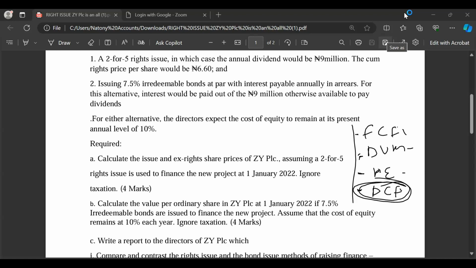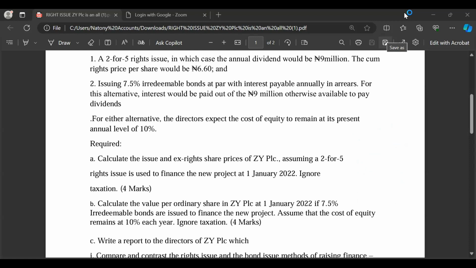So basically, it is the dividend valuation model. And how do you value a company using the dividend valuation model? The market value of equity will be D naught over KE if there is no growth.